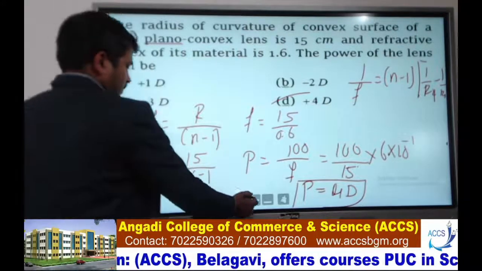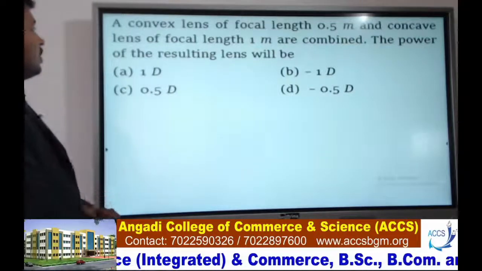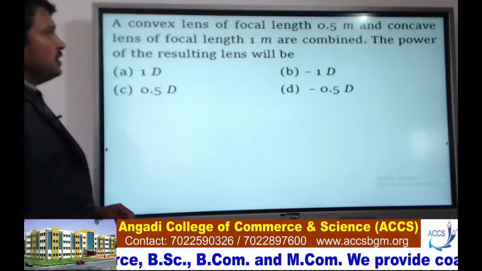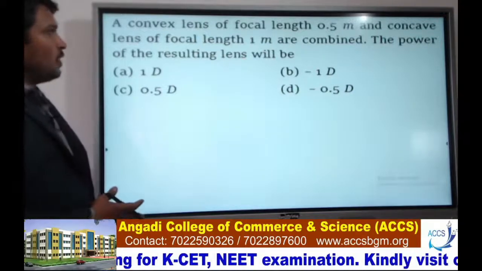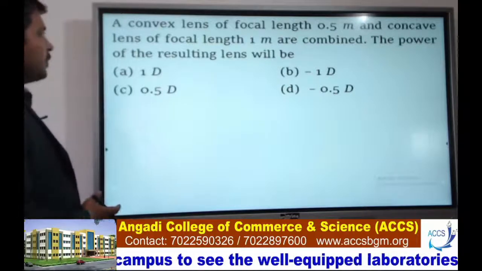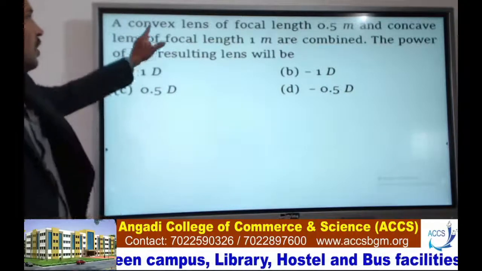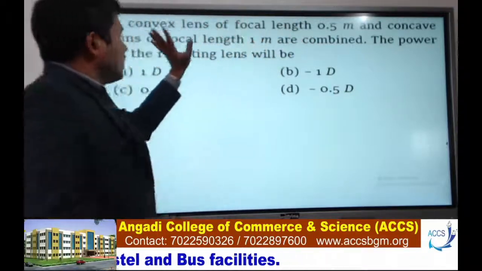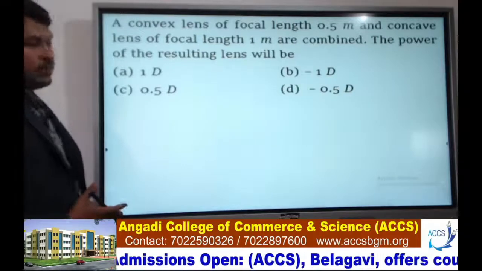Okay, move to the next one. A convex lens of focal length 0.5 meter and a convex lens of focal length 1 meter are combined. The power of the resulting lens will be the same. Convex is positive, concave is negative.